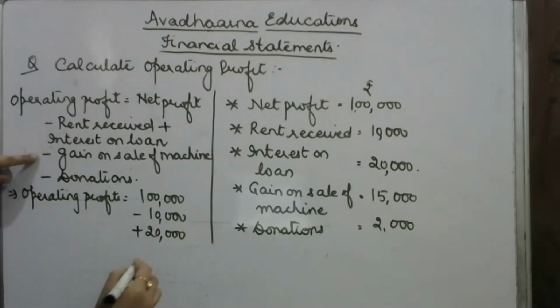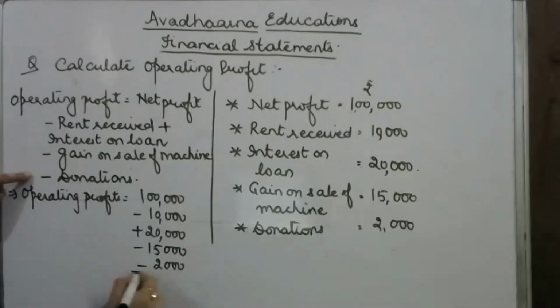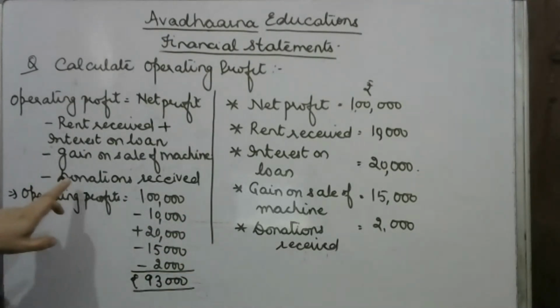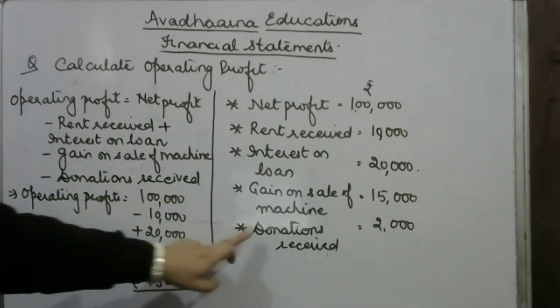Gain on sale of machine less 15,000. And less donations less 2,000. So the resultant figure is it is 93,000. अब बेटा मैंने यहाँ पर डोनेशंस को डोनेशन रिसीव्ड माना है.